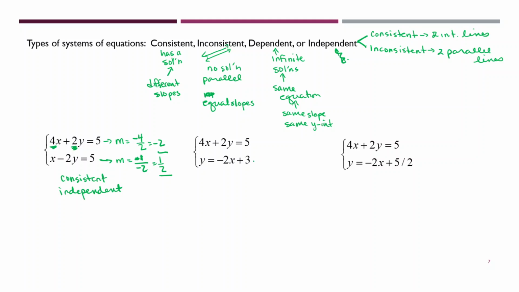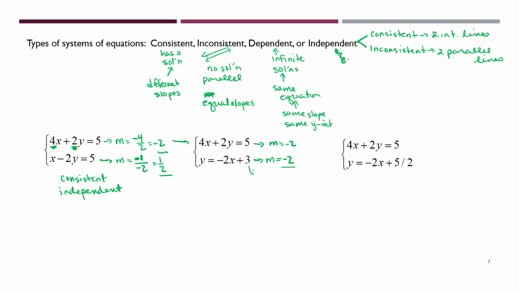Okay, in this second system, the bottom equation tells us that slope is -2. In the top one, it's the same as the top equation in the first one, so we'll get m equals -2. So they are the same. So then I need to look at the y-intercepts.